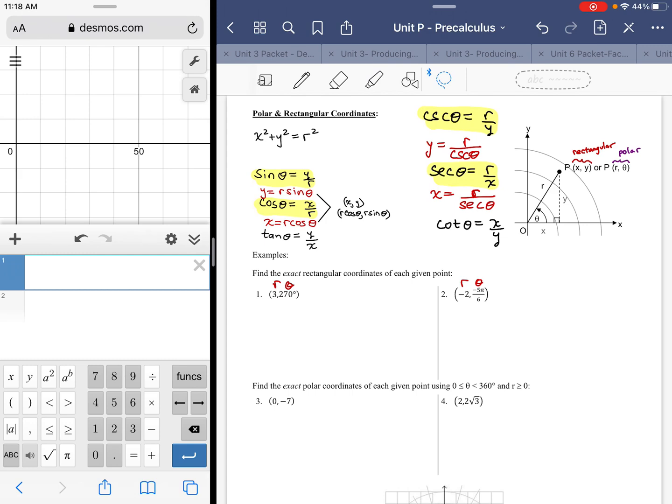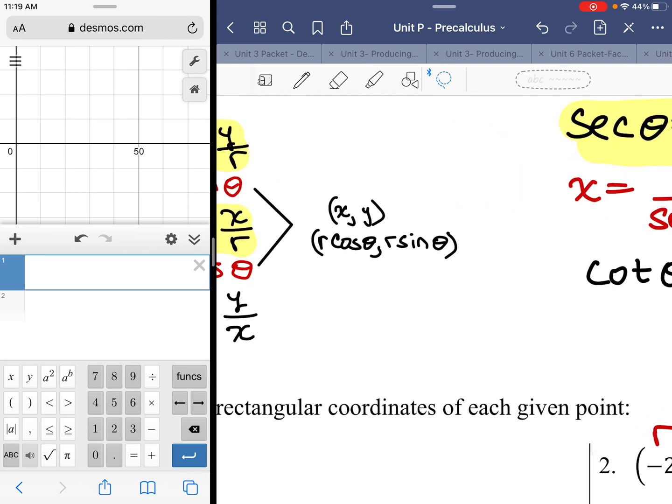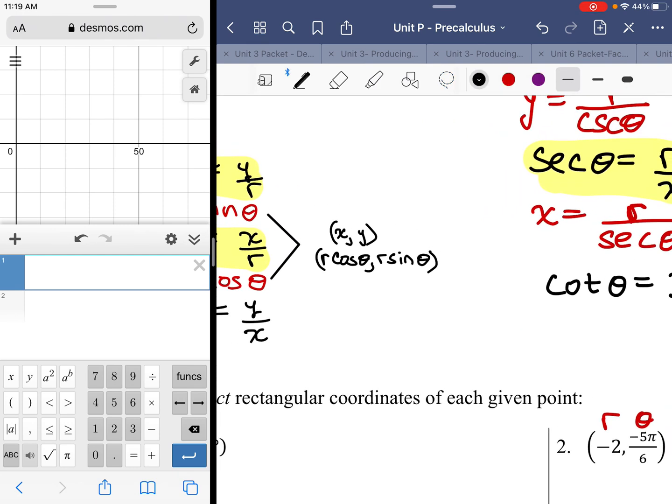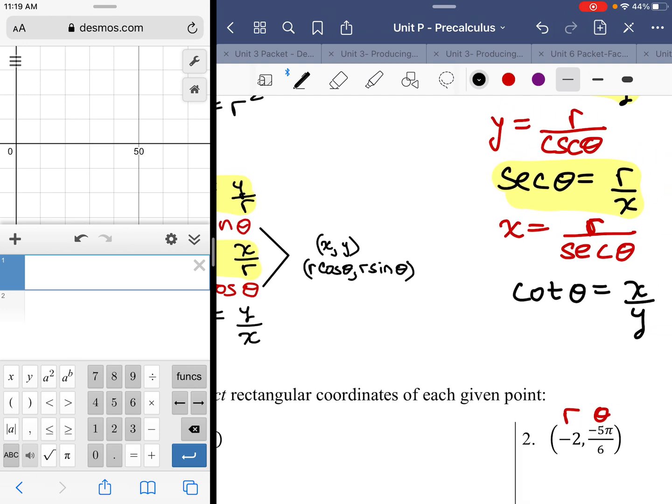You could do the same thing with the reciprocal functions too, but it's really not necessary if this is going to work. But let's say you want to be as thorough.